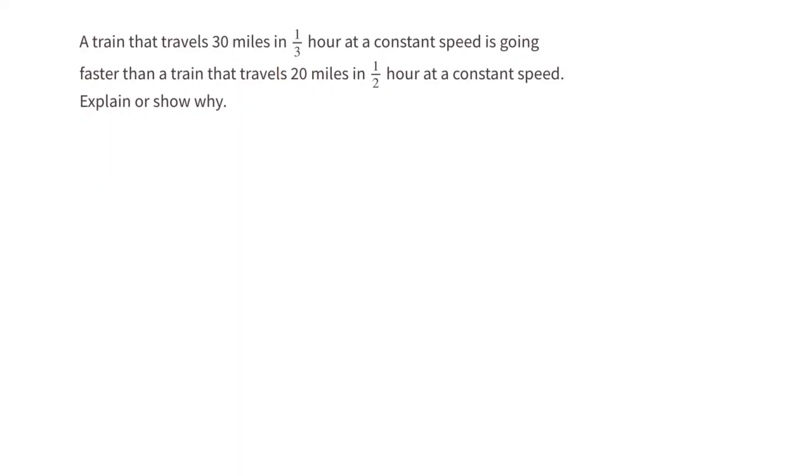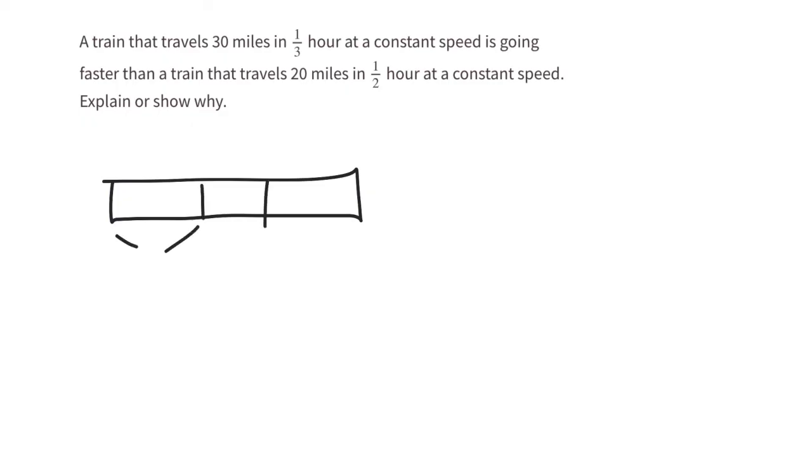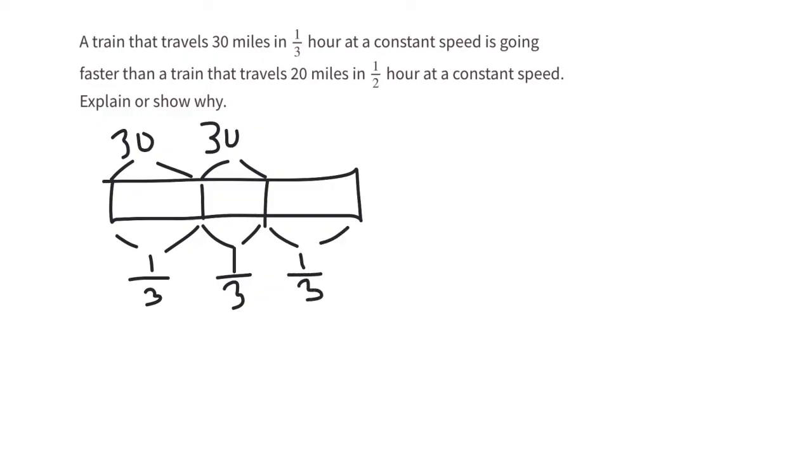Well, we can take that 30 miles in a third, so there's our 1/3, and it's traveling 30 miles, which means in another third, it would travel another 30 miles. In another third, another 30 miles. So in 1 hour, it's going to travel 90 miles.